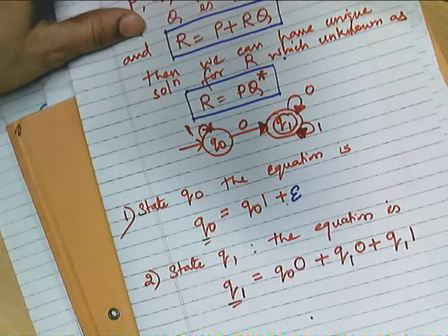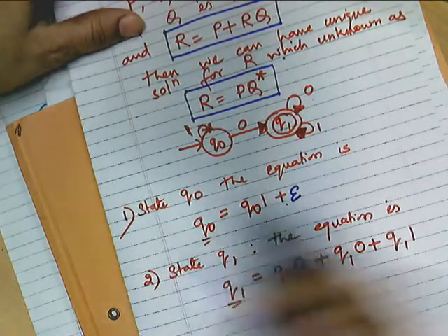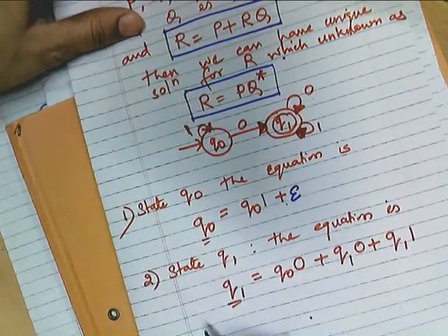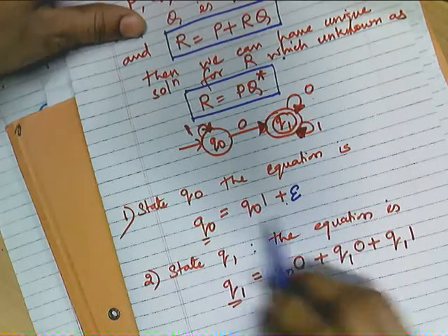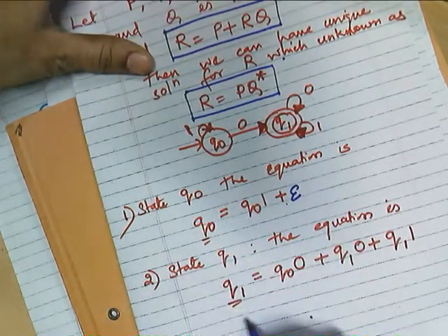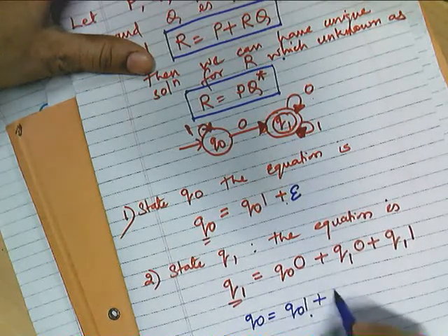Now we will try to simplify. Okay, now we will apply Arden's theorem. So if we observe the first equation, is it having that particular form? Now how to check it? Q0 is equal to Q0 1 plus empty.